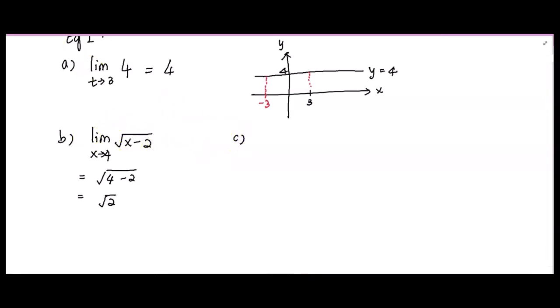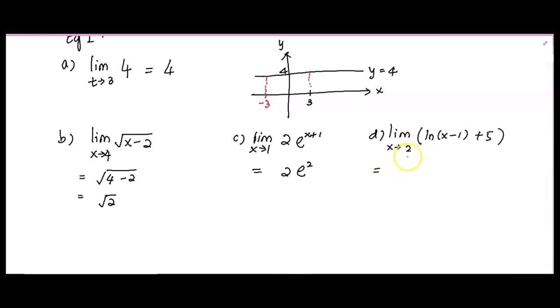For question C, we have to find the limit of 2e power of x plus 1 when x approaches 1. For the same thing, you always start with direct substitution. Substitute the 1 into the x. You get 2e squared. This is your answer. For another example, D, again we are using the substitution method.